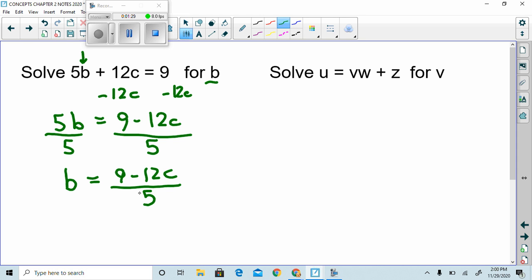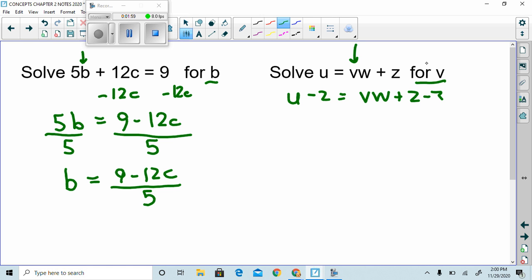We then take a look at one that has all variables in it, and our goal once again is to solve for v. So v is attached right here by multiplication with w. Before I do that, I'm going to first subtract z on both sides. So I have u minus z equals v times w plus z minus z.